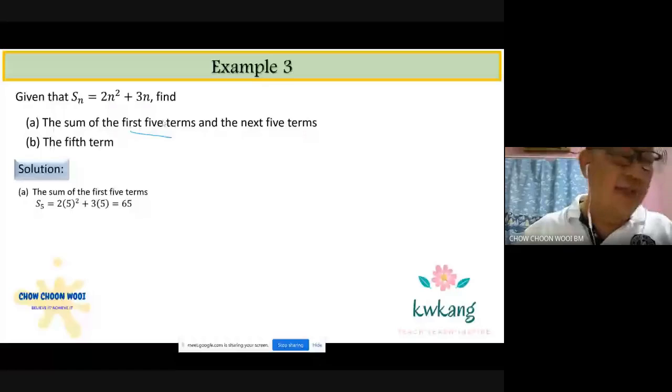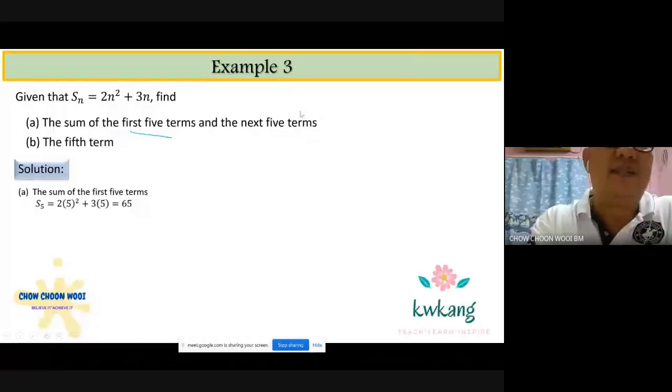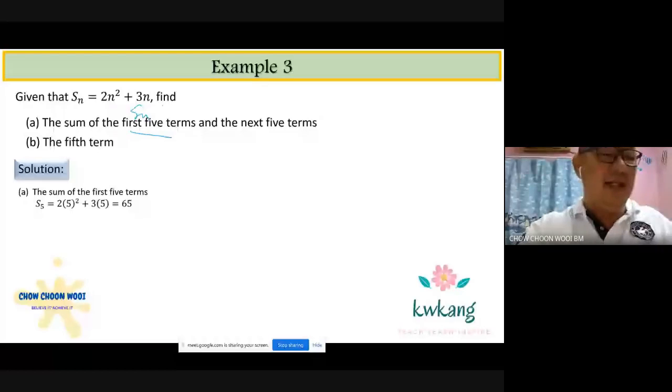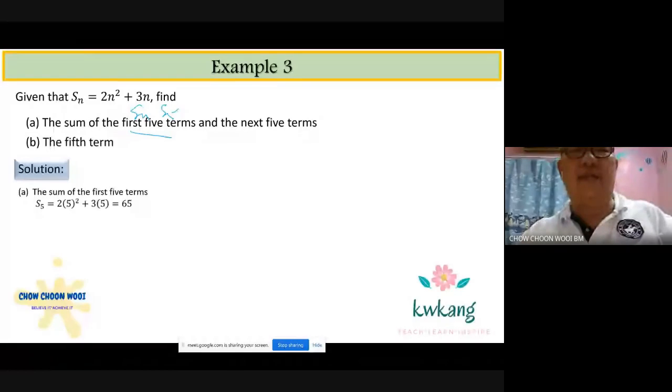Yang ni senang, semua dapat ya. We just substitute lah. To find the sum of the first 5 terms, Sn which is S5. And the next 5 terms, macam mana kita?